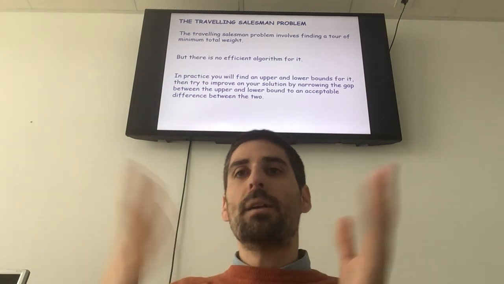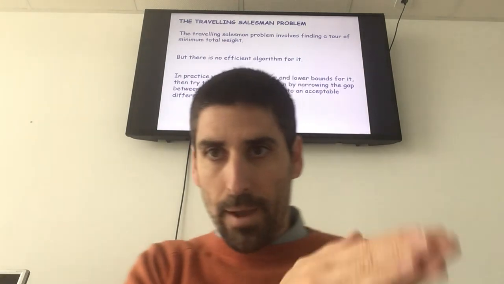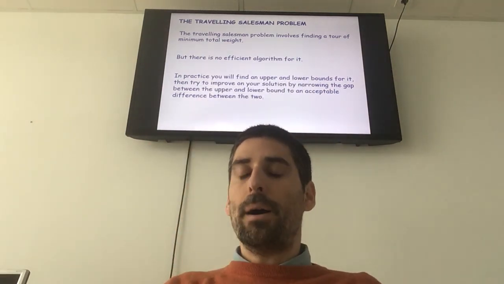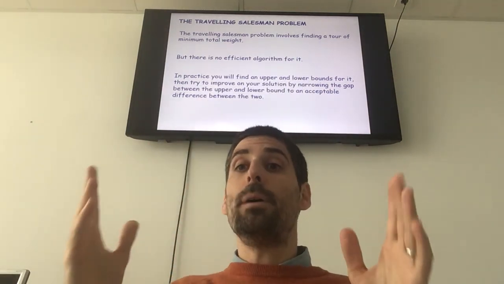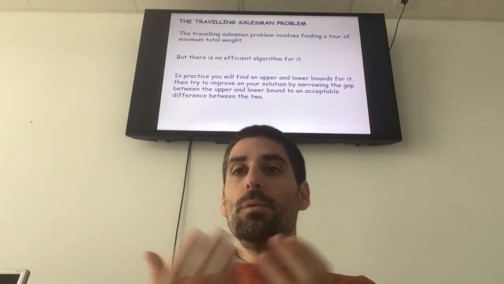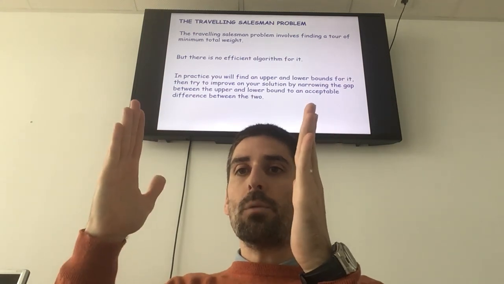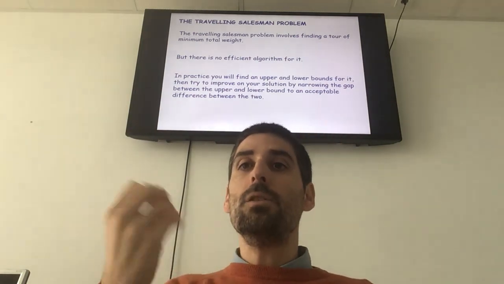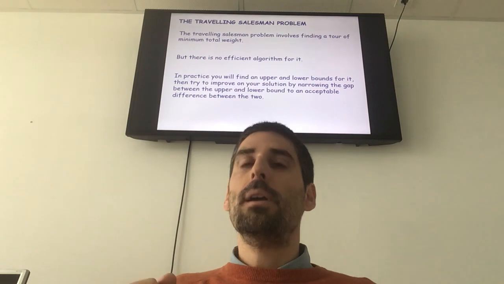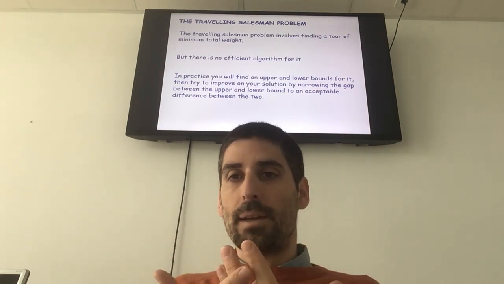That's like, okay, I can live with that difference between my minimum bound and my upper bound, okay? If you happen by design, chance or through work to find an upper bound that is equal to the lower bound, then you're sorted, then you have found the optimal solution. But more often than not, that is not going to be the case.